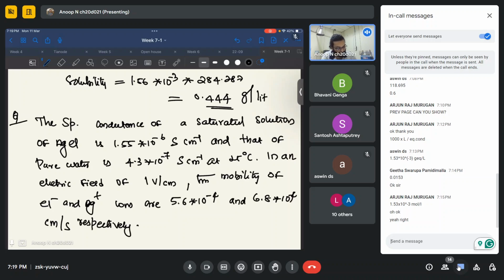Now calculate the solubility product of AgCl at 25 degrees Celsius. The question is to find out solubility product. So first we have to find the solubility, then using the solubility we have to calculate the solubility product. So you can write the question.